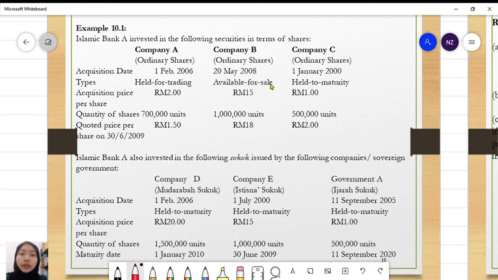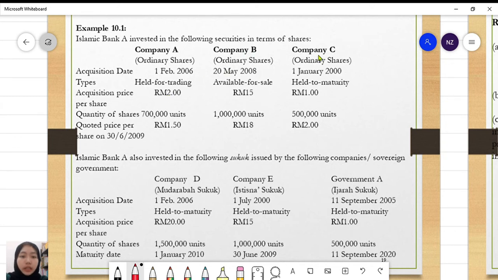Held to maturity means you hold the shares until they reach the maturity period, only then can we sell them. So we just hold it for personal use. Okay, then for company A's shares, it was bought at RM2. Company B was bought at RM15.